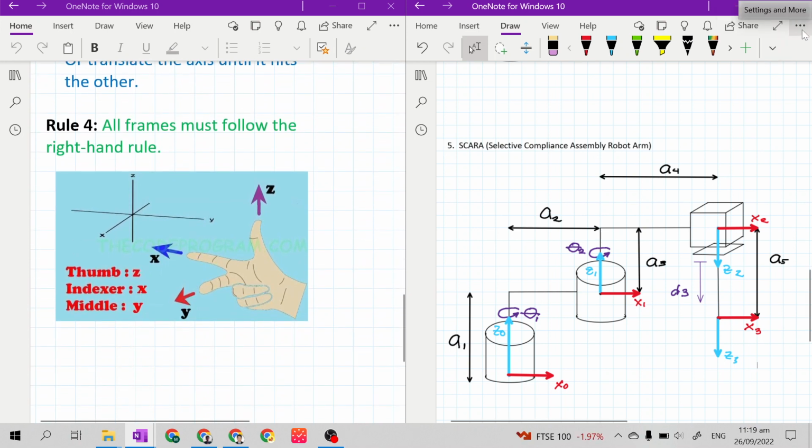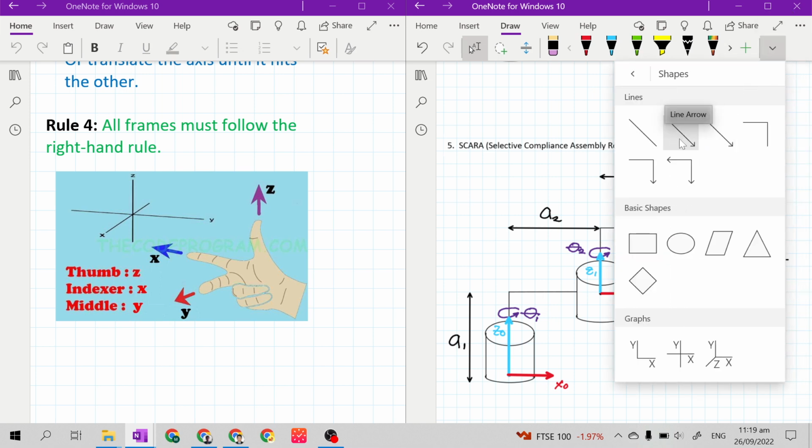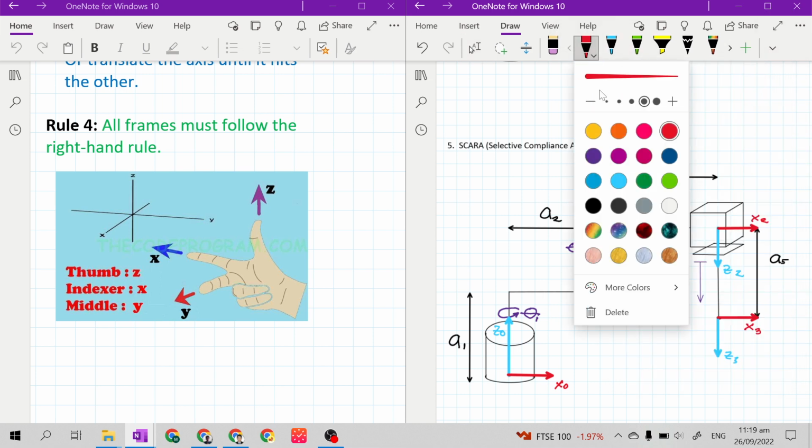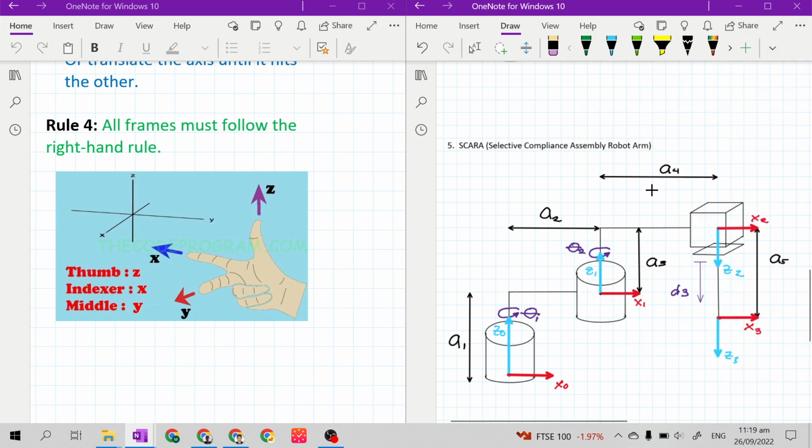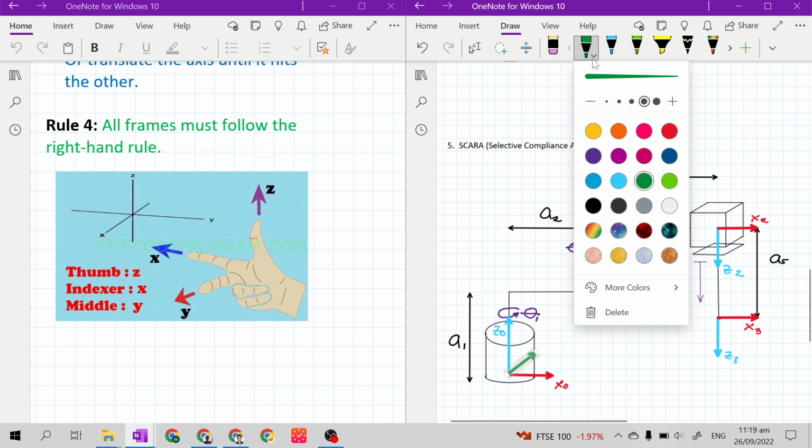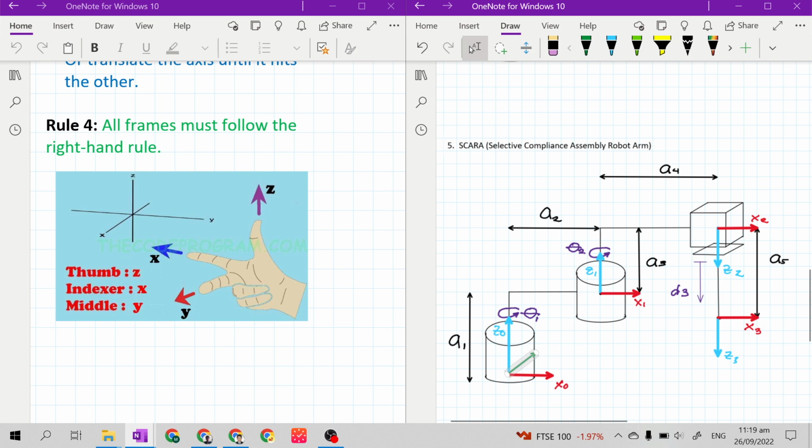Rule 4 is all about the y-axis and the right hand rule. So for the base frame, our y-axis will point backward. It will point backward because the z-axis is pointing upward and the x-axis is pointing to the right.